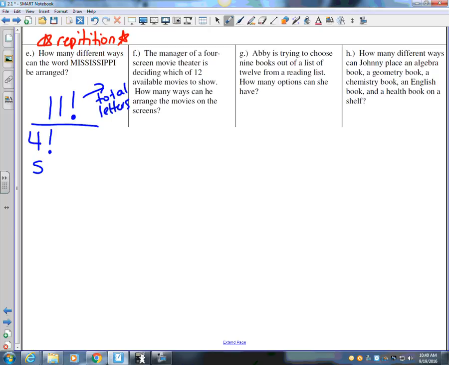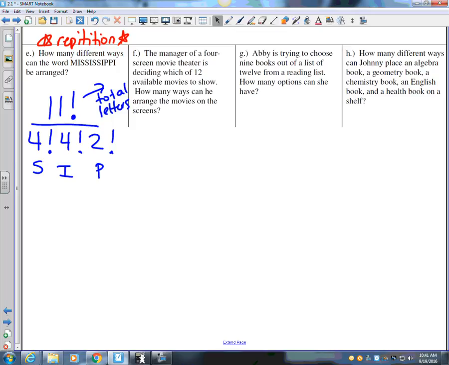Okay. What other letter repeats? The I. How many I's are there? 4. So you put 4 exclamation point. That's for the I's that repeat. Is there any other letter that repeats? The P. How many of those are there? 2. So I put 2 exclamation point, and that's a P. Okay.